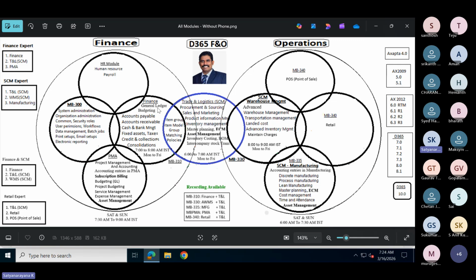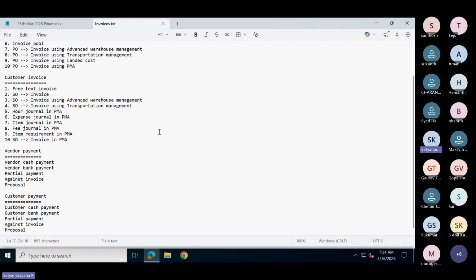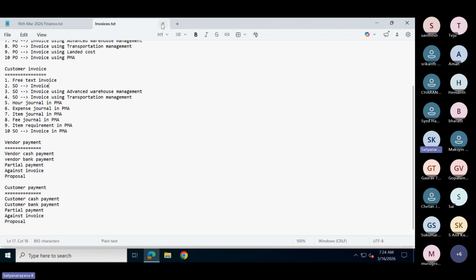So in this session, I'm going to teach you mainly these methods. These are invoices, payments.